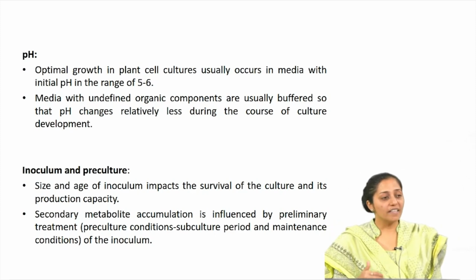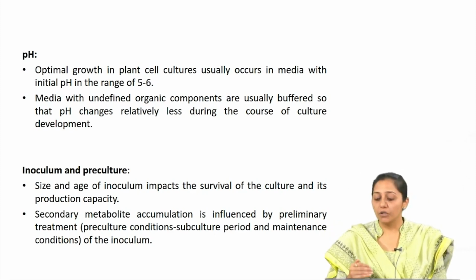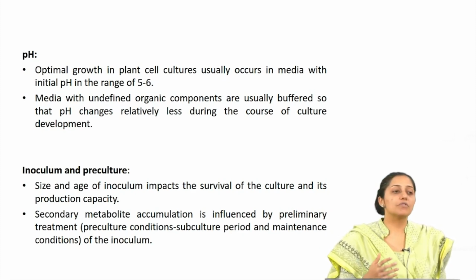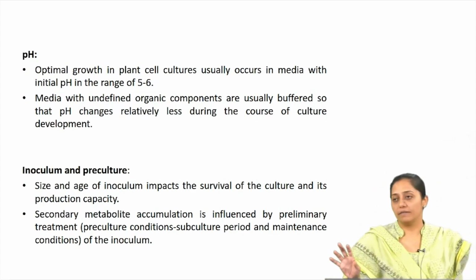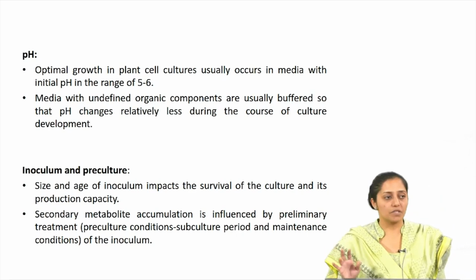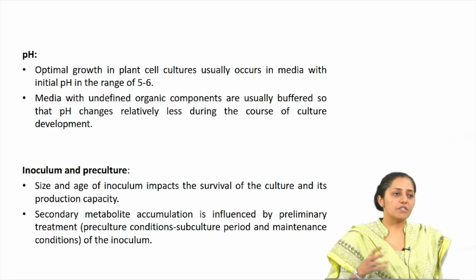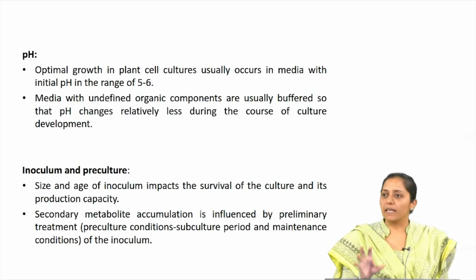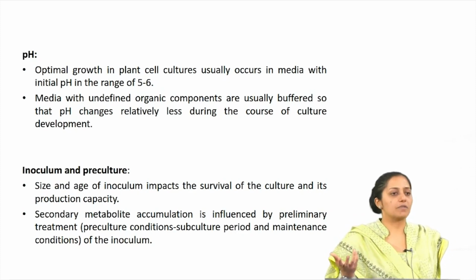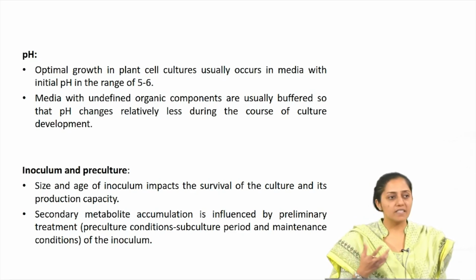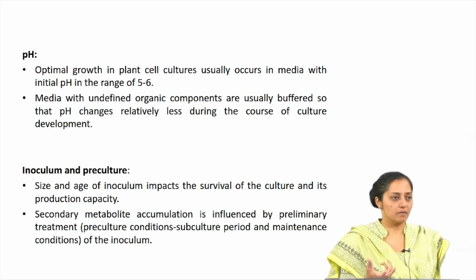So, media with undefined organic components are usually buffered. Generally, media is well defined, which is called the defined composition. But when we use complex substrates, there is batch to batch variation. For example, yeast extract, peptone or casein hydrolysate are complex substrates.